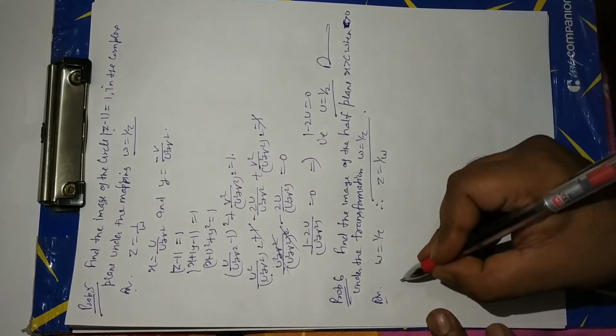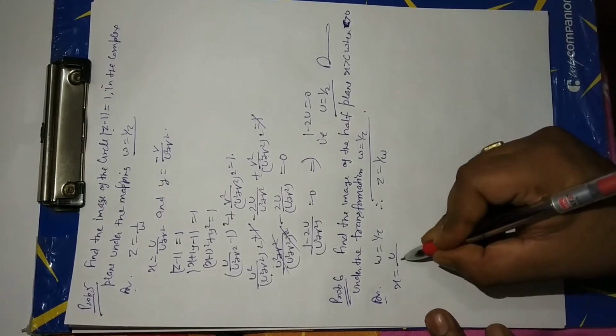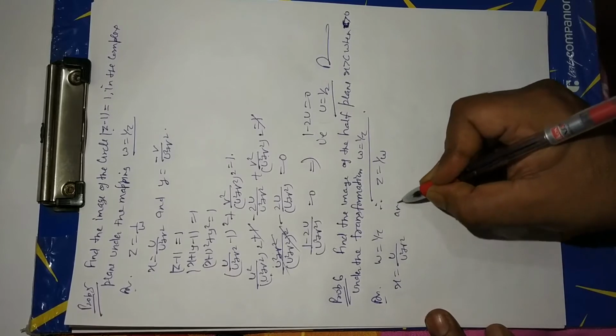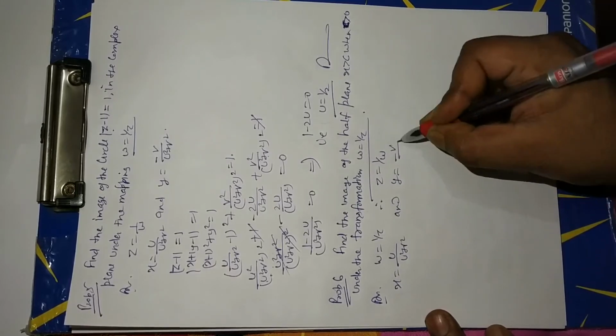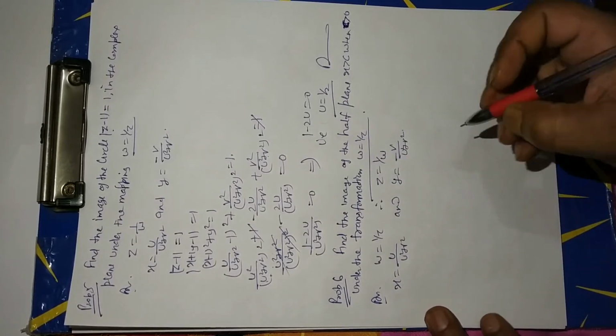Now we can solve: x = u/(u² + v²) and y = −v/(u² + v²).